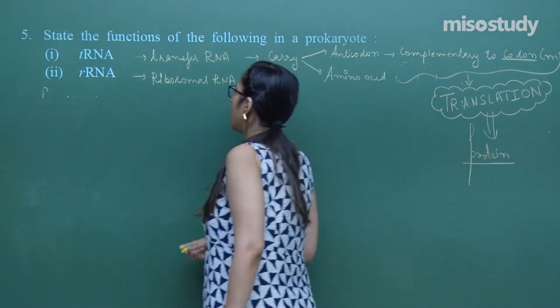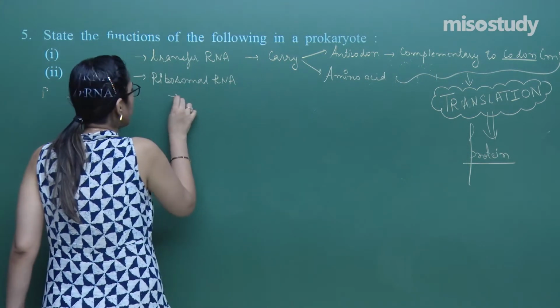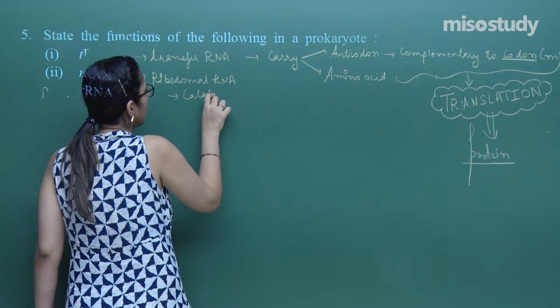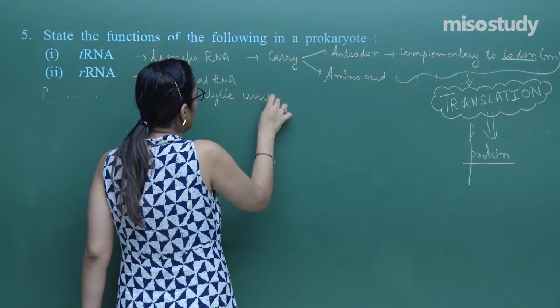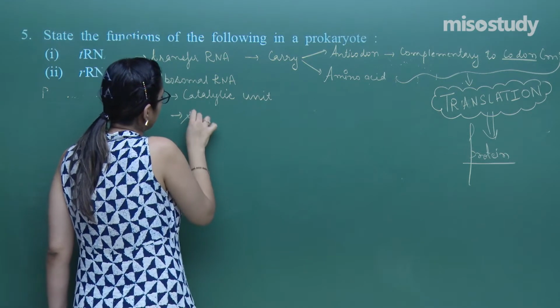Ribosomal RNA has two functions. One is that it acts as a catalytic unit, and second it acts as a structural unit.